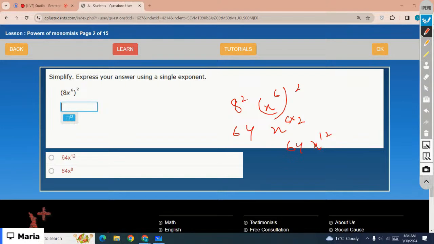The correct option is option number 1, that is 64x12, right?